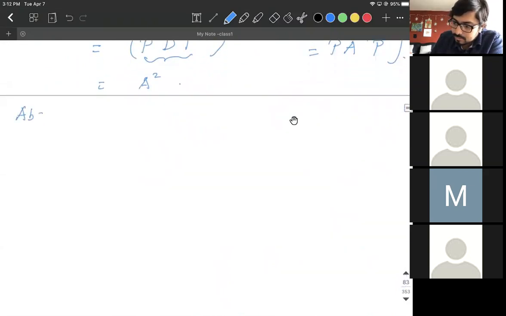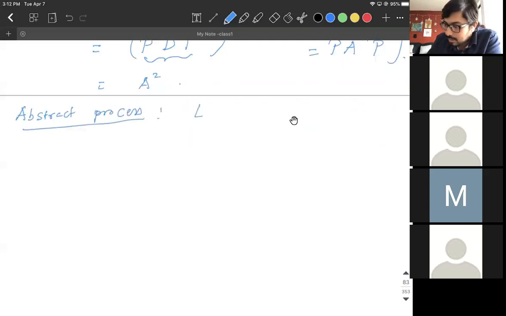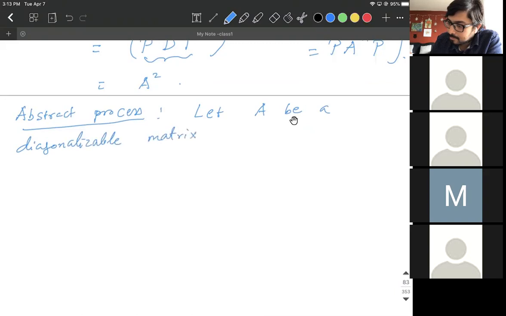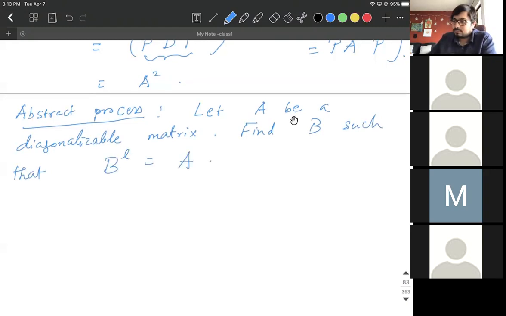So the abstract process is the following. Let A be a diagonalizable matrix. Find B such that B to the L equals A. So suppose you have some problem like this.